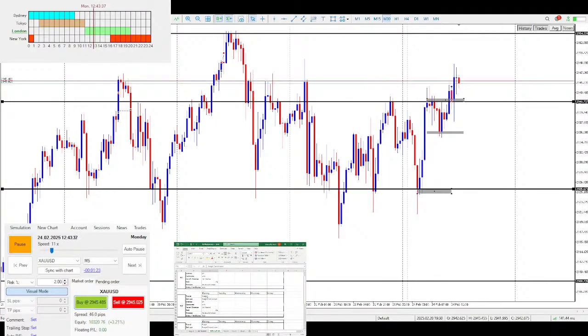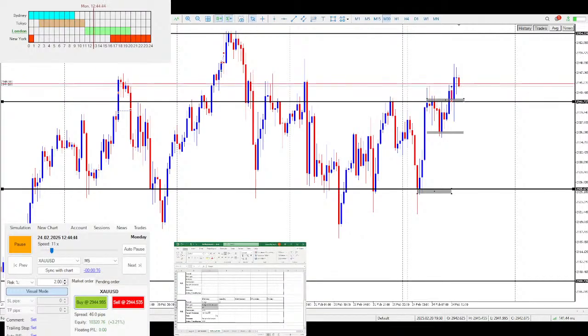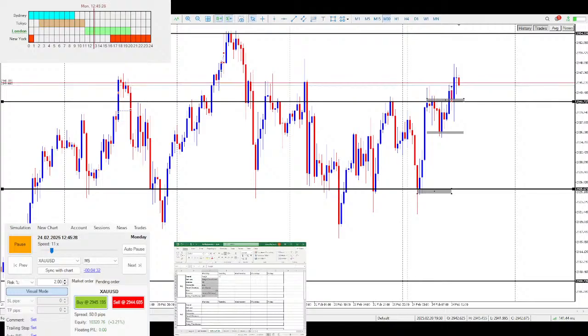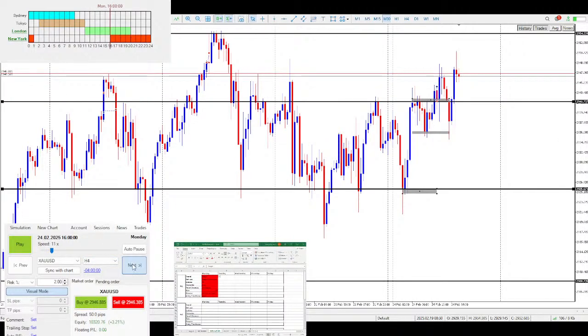So week 2 I'm not taking a trade, week 3 I've not taken a trade, and week 4 I've not taken a trade. So this is a loss. Okay, let me go to the next day now. Now I can forward, and I've completed the setups, the setting up. Next.